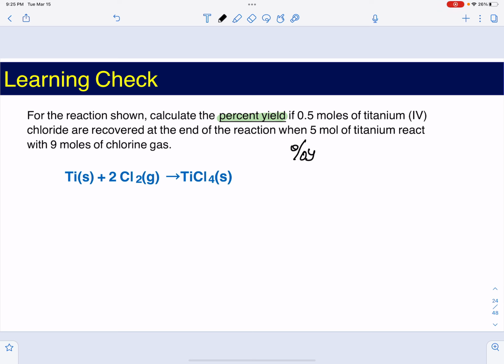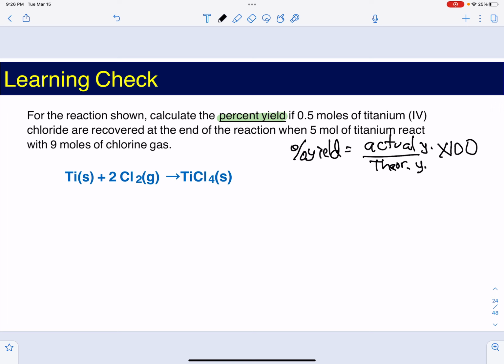Percent yield is nothing more than the actual yield over the theoretical yield, multiplied by 100. So remember, actual yield is what you get when you go to the lab and do the reaction. It's what you're going to produce, what you're actually going to isolate, what you're actually going to recover. Any word that implies this is what I got at the end.